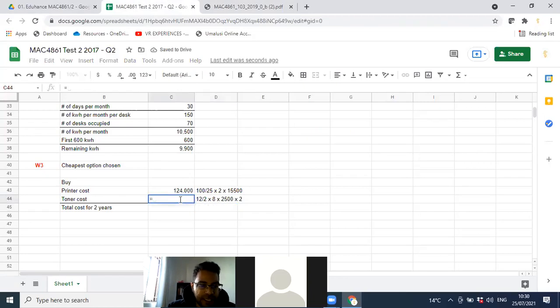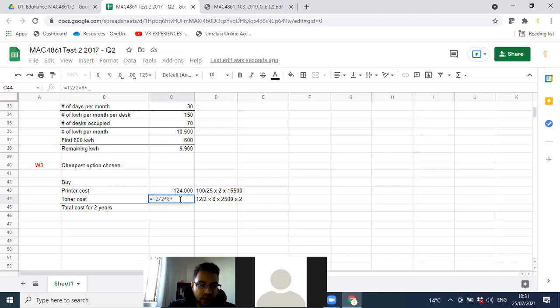So here we're going to say every printer is going to use a toner every second month. There's 12 months in a year, every second month, so that means we're going to need 6 toners per printer. There's 8 printers, so for a year we're going to need 48 toners.